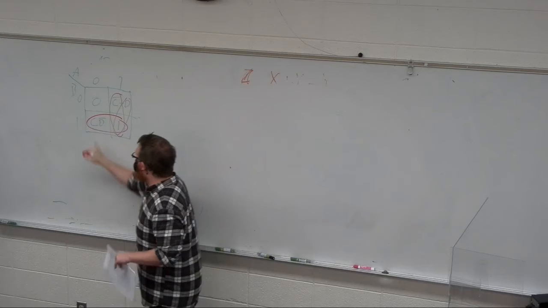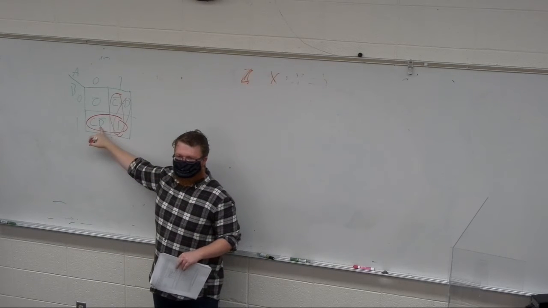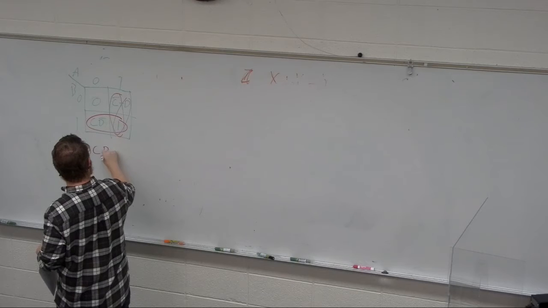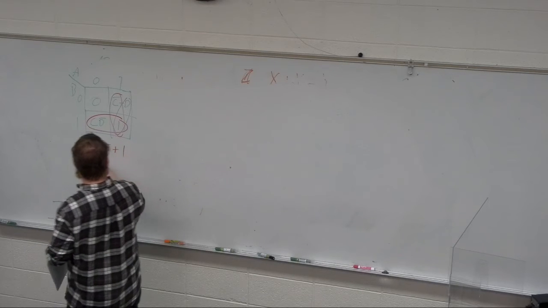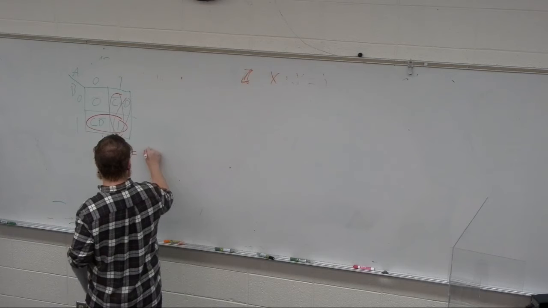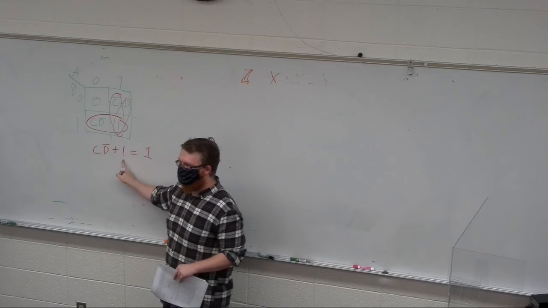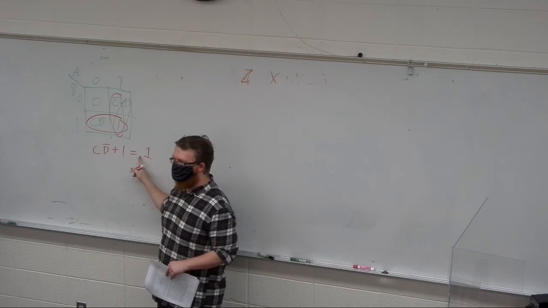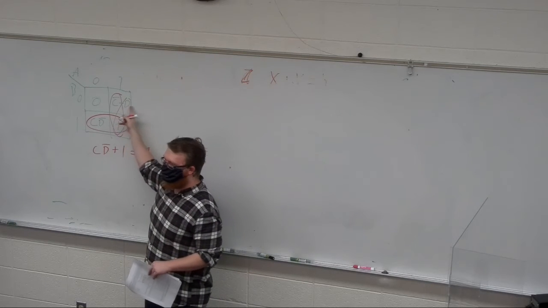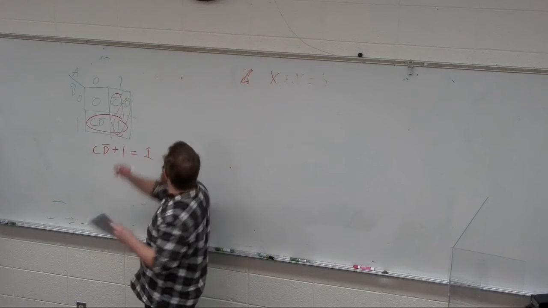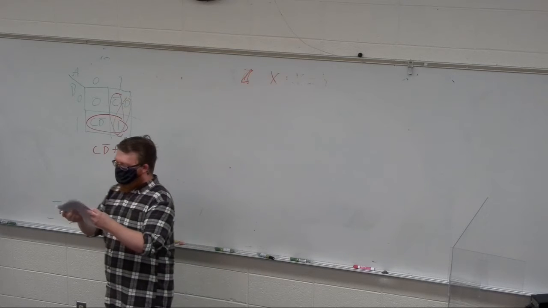Because this expression, C and D bar or 1, is still equal to just 1. Right? Because if I'm ORed with 1, I get 1. That's not necessarily true with the ORs. Oh shoot, I erased that one.